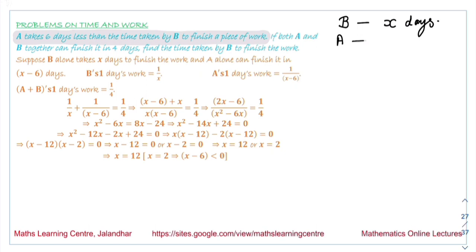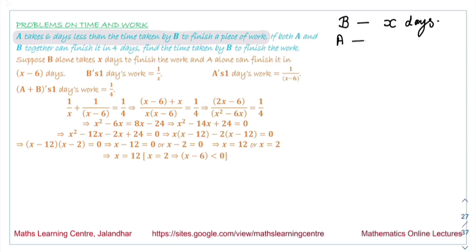This is minus 14x over here, and we split the middle term and we obtain minus 12x minus 2x. So the values of x that we have are x is equal to 12 or x is equal to 2.